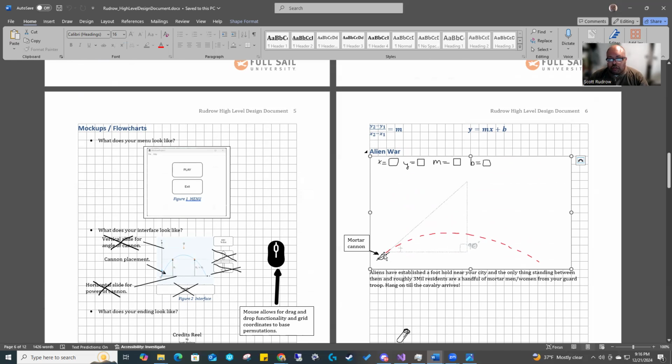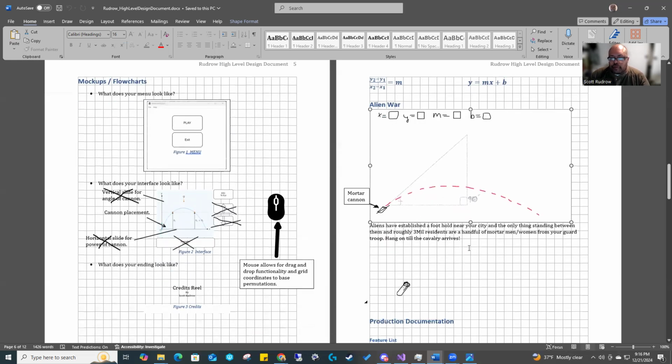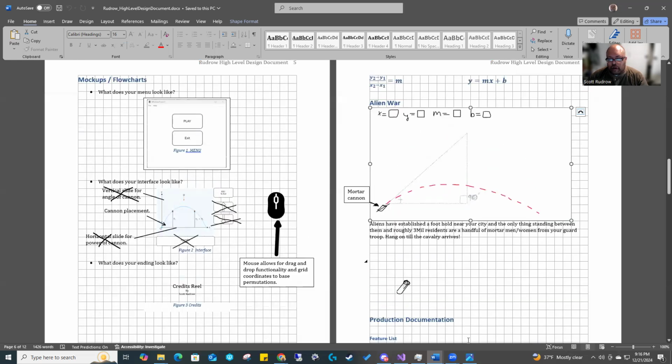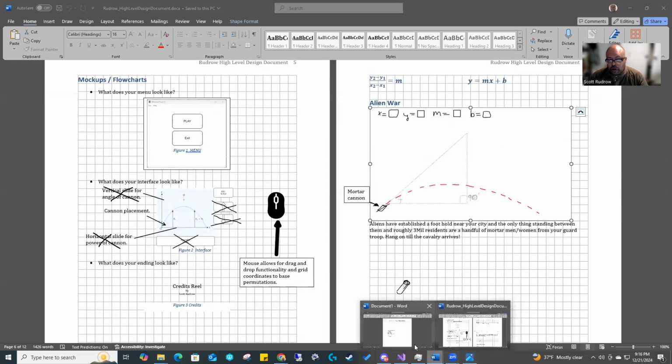The initial velocity, which would be part of the equation, would also be controlled by the mouse on the X coordinate, and the Y coordinate would control the elevation of the shot, which we would get from theta doing some fancy trigonometry. So that's what we have there, and that's what we would hopefully get.